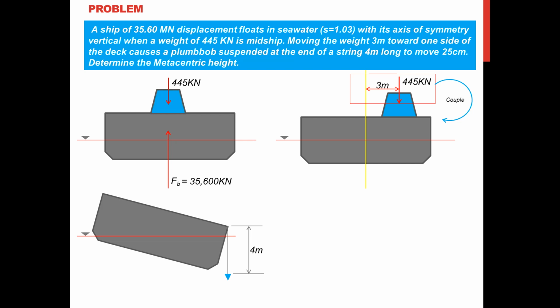So when that weight is moved from the mid up to 3 meters along one side, of course, there will be tilting, and an observed sideways dimension is 0.25 meters, or that is 25 centimeters. So we will use these dimensions, 4 meters and 0.25, in getting the angle of tilt, theta.